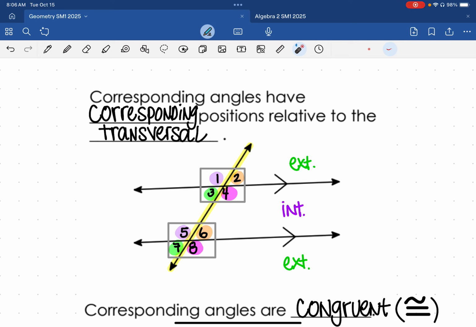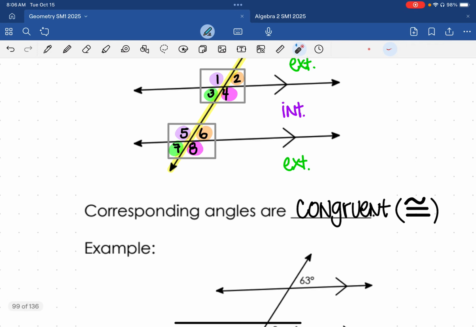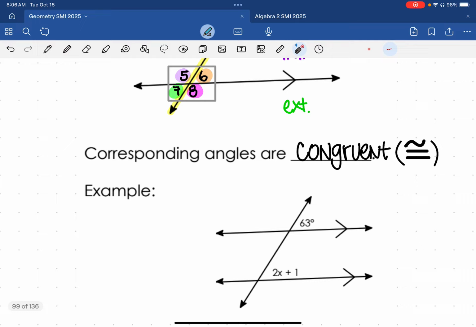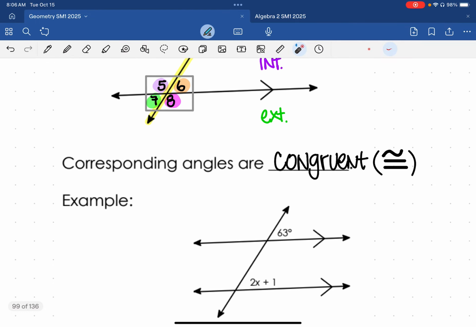Notice that when we talked about same side or consecutive, they were both interior or both exterior. This is the only one where you have one and one. All right, corresponding angles are, of course, congruent.